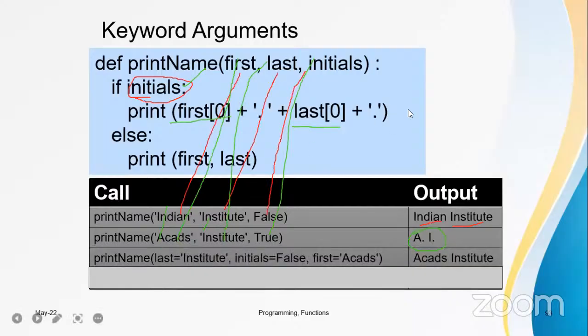Okay. This is the third example for you. See here. Last is equal to institute. I have to come here. So the second variable is mentioned here, first variable.